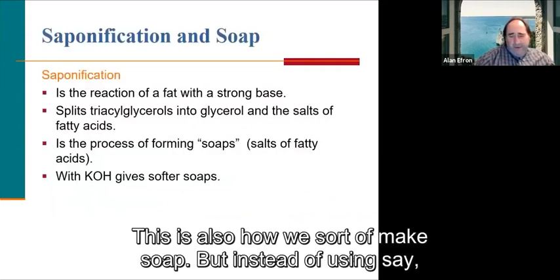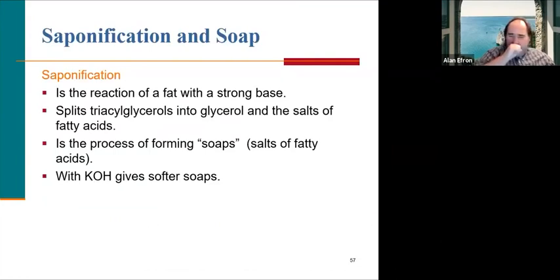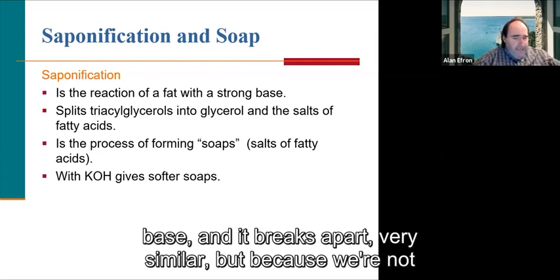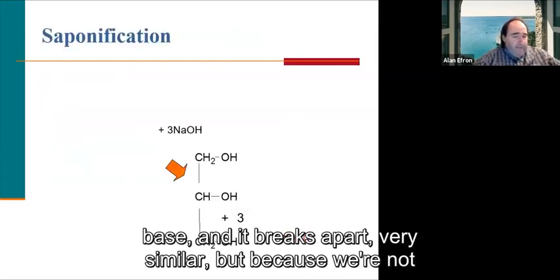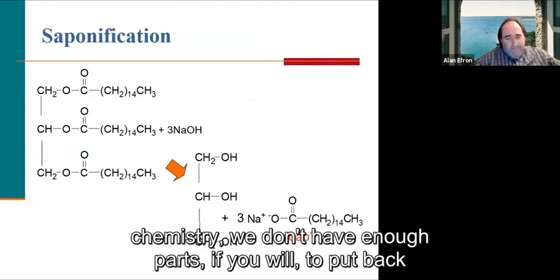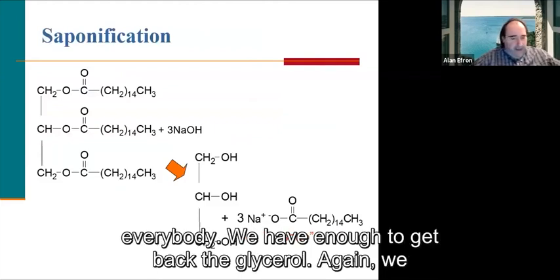This is also how we make soap, but instead of using water, we use something like a base, and it breaks apart very similarly. But because we're not using water, kind of like what we talked about in organic chemistry, we don't have enough parts, if you will, to put everybody back.